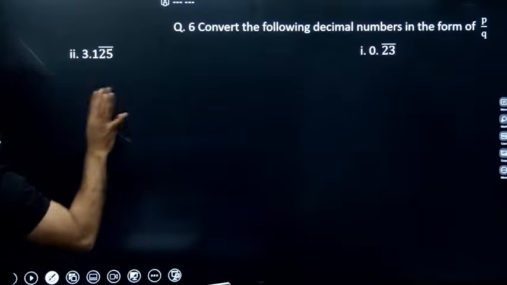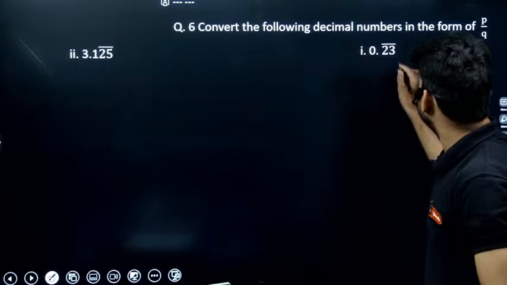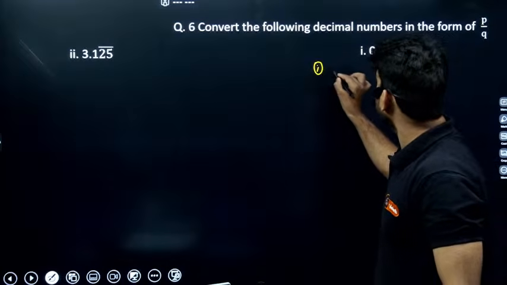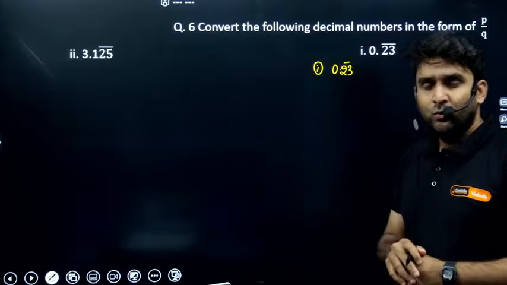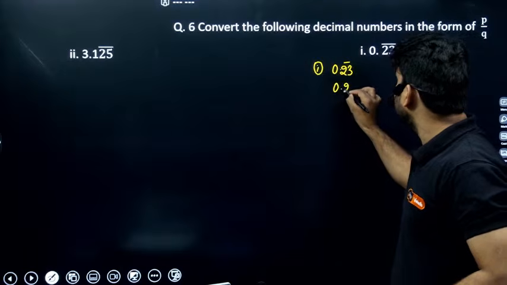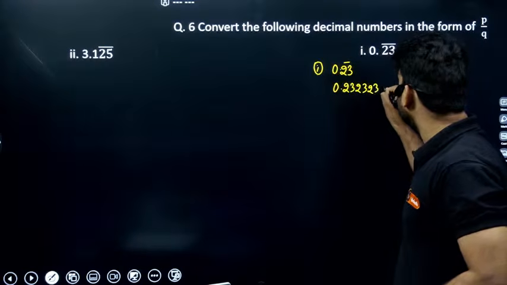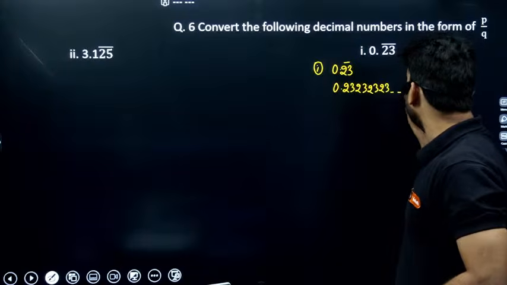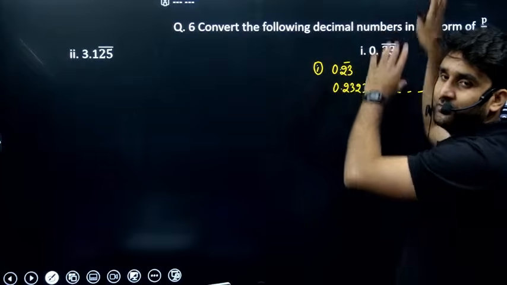Okay, how to convert? Listen everyone. I'm solving the first question. The first question is 0.23 bar. What does bar mean? Bar indicates that this block 23 is continuously repeating in a group, and so on: 0.232323.